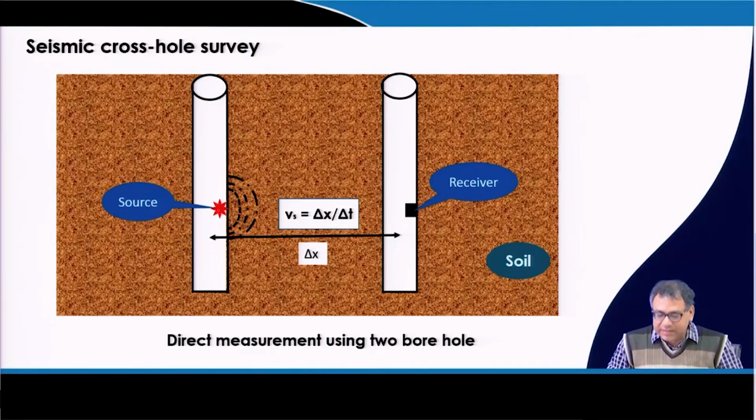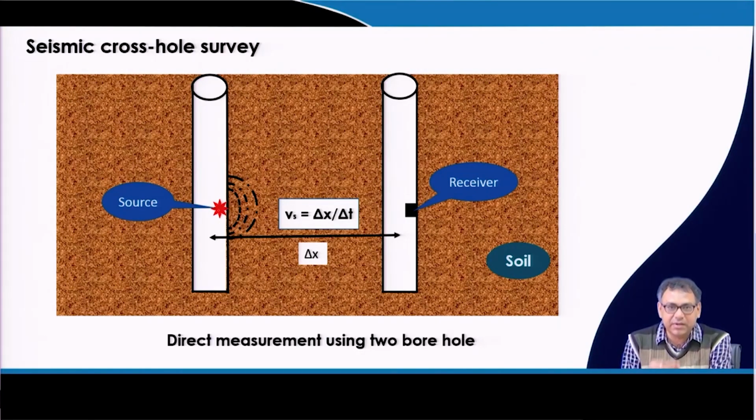But sometimes a single borehole is also used. In that case, either the source or the receiver is placed within the borehole, and the receiver or source is placed at the ground surface. Now, if the receiver is placed at the ground surface and the source is within the borehole below the ground surface, then this is called seismic up-hole survey.